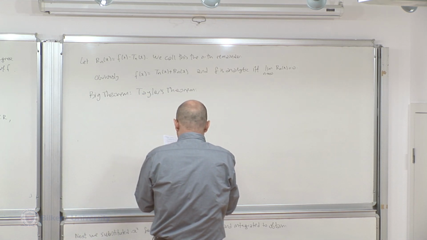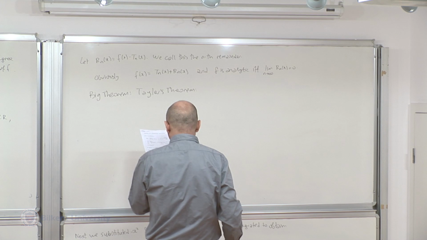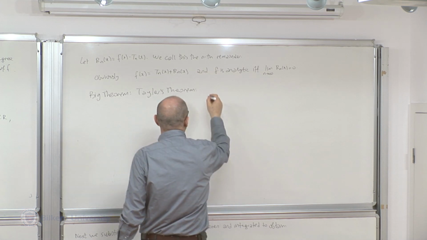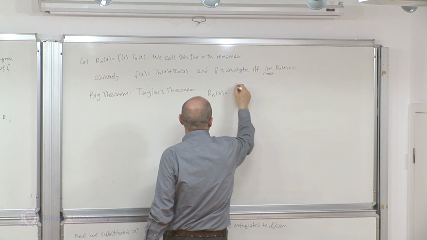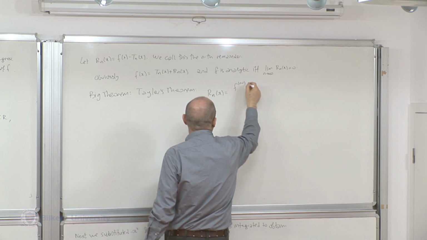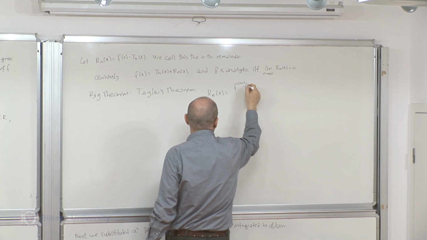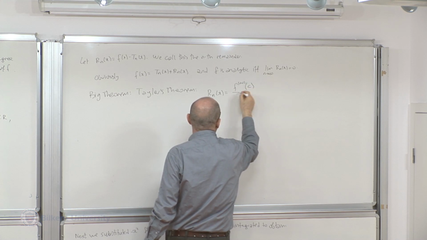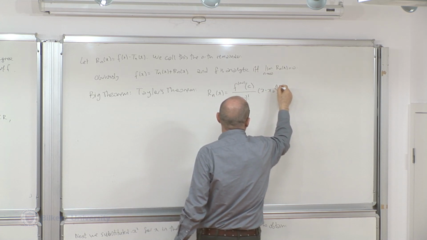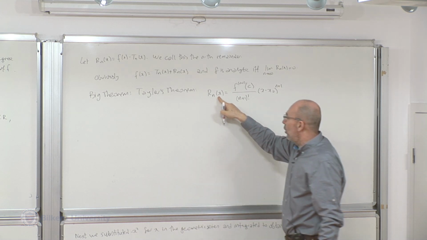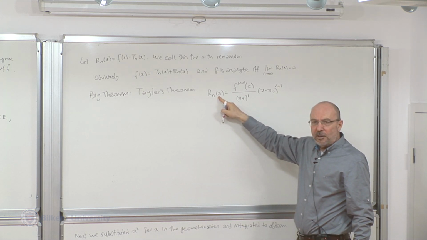This tells us that R_n(x) is equal to the (n+1)st derivative evaluated at some mysterious point c, divided by (n+1) factorial, times (x minus x sub 0) to the n+1. So you are calculating the remainder at this particular point x.